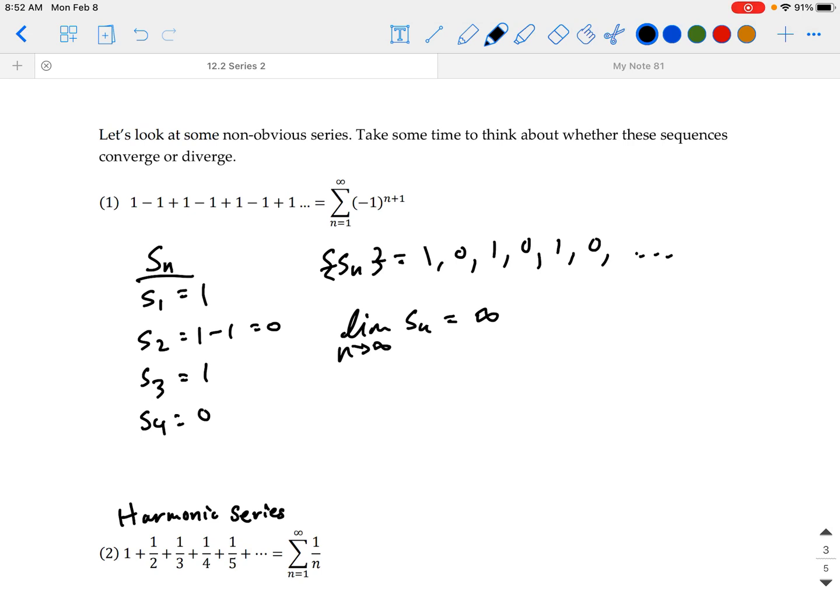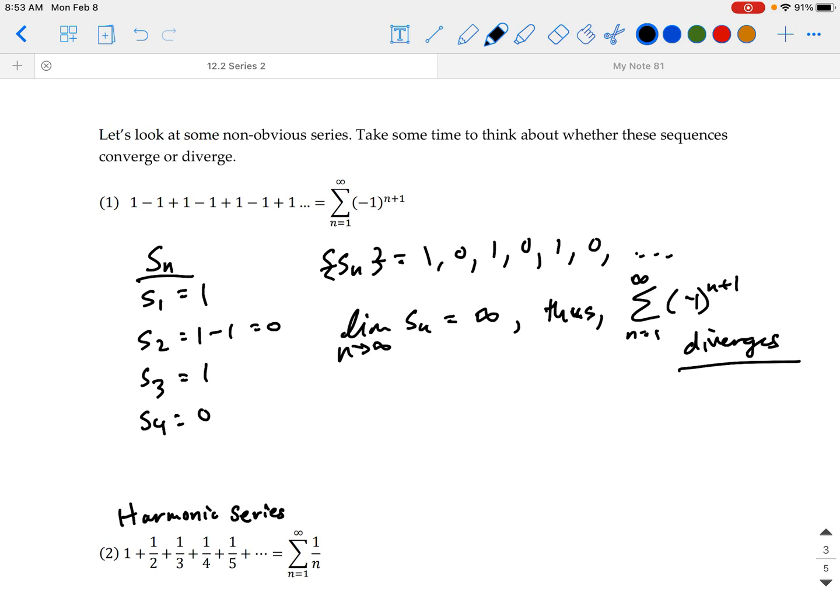So because of that, clearly that's going to diverge. So that diverges.